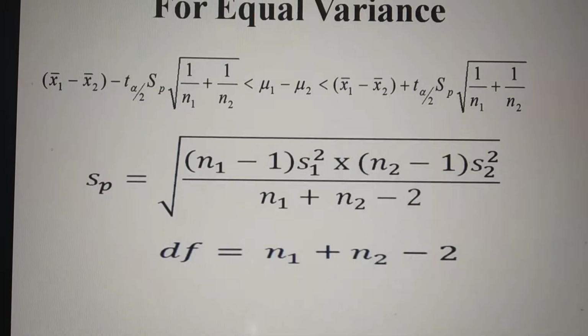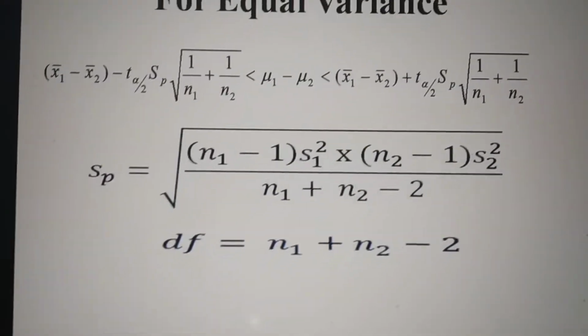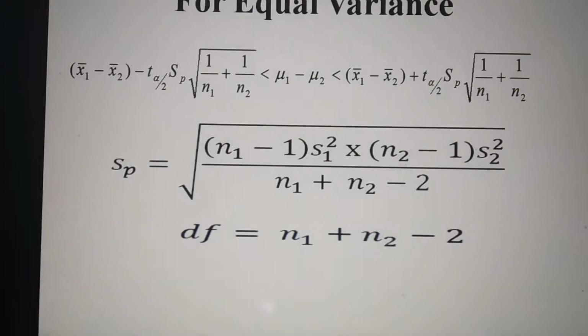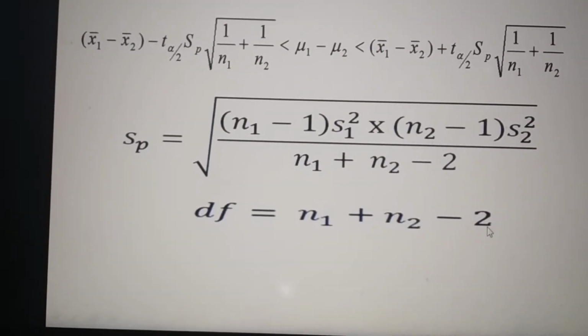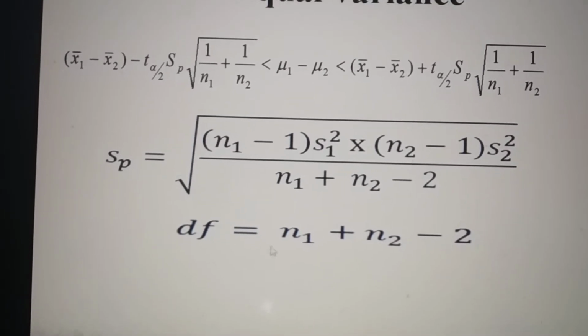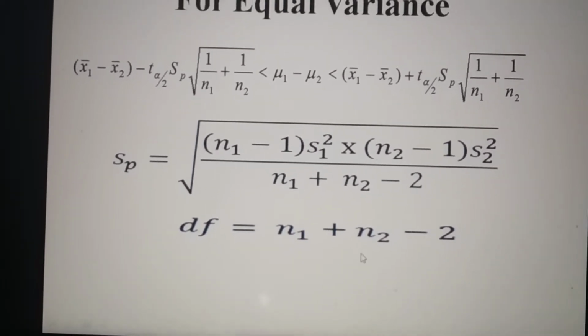The denominator in the formula of sp is known as the degree of freedom, n1 plus n2 minus 2.